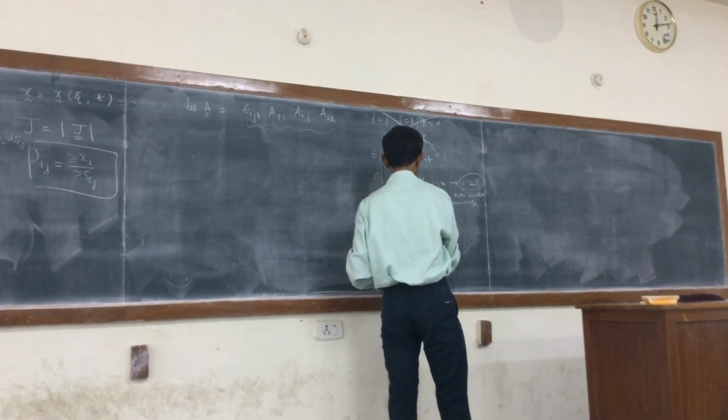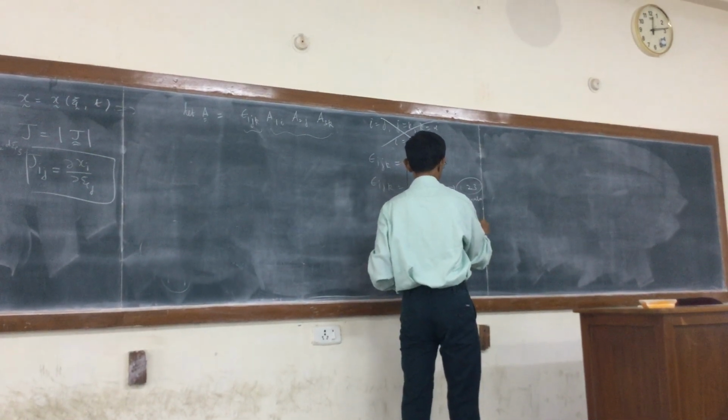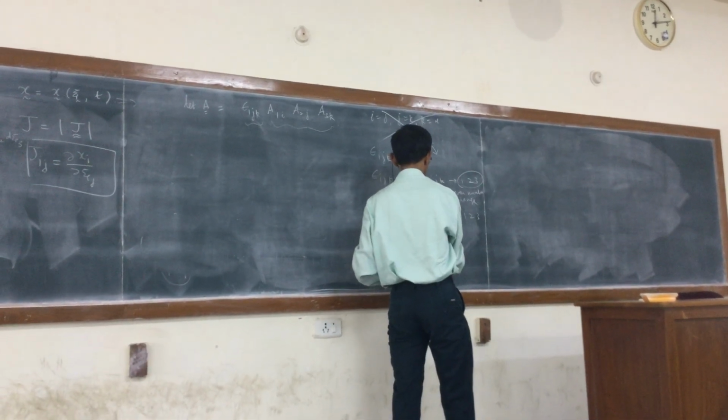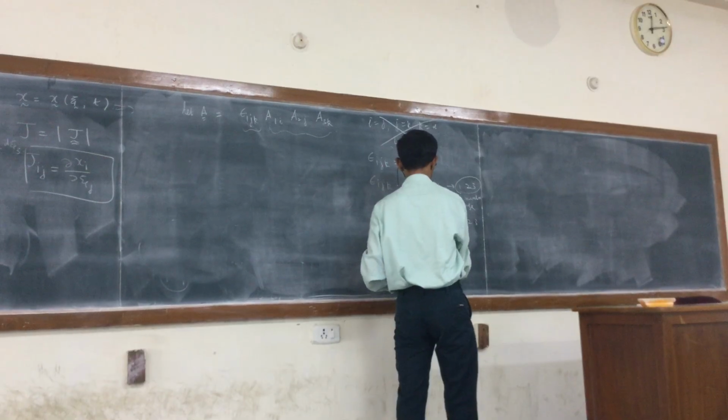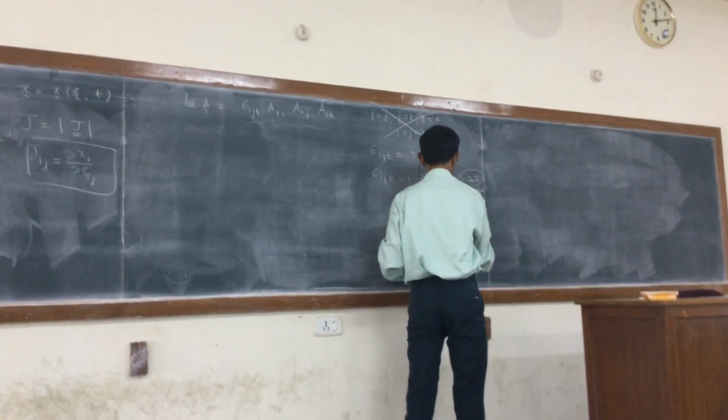And it is equal to -1 if ijk can be reduced to 1, 2, 3 with an odd number of interchanges.